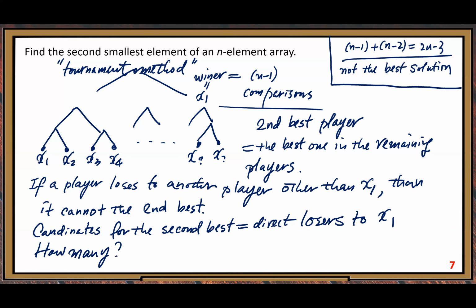So the number of candidates equals the number of rounds. And the number of rounds with n elements is the ceiling function of log base 2 of n. This is the number of rounds.